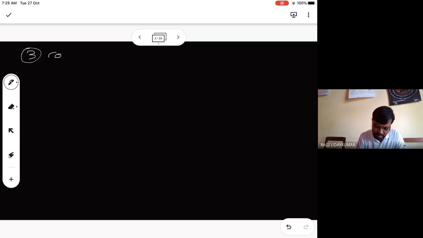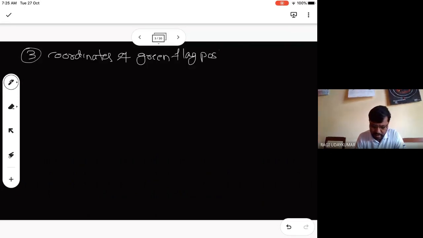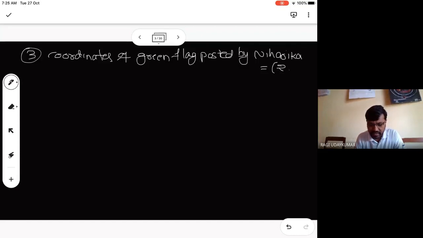Coordinates of the green flag posted by Niharika is equal to, what are the coordinates? Second line and 1/5 of the total distance. Plots 100. So 1/5 of the total 100 is nothing but 20. 2, 25. Okay.